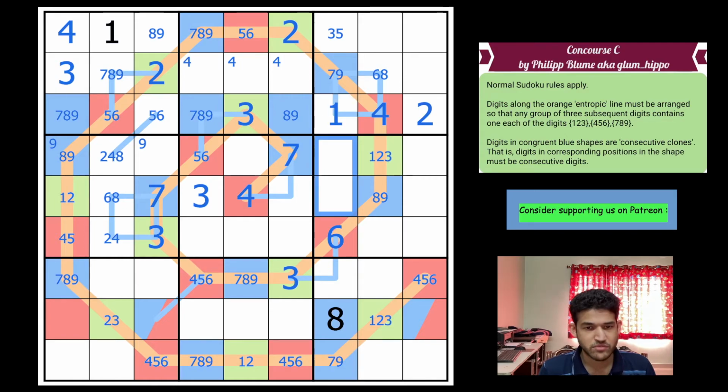And look at this column, column 7. This cell particularly, it can only be 2 or a 5. 1, 6, 8, 7 and 9 and 3 and 4 are eliminated. So it can only be 2, 5. So what next?